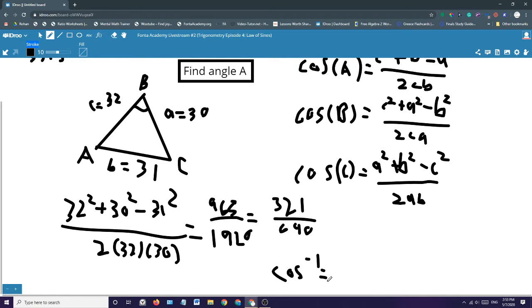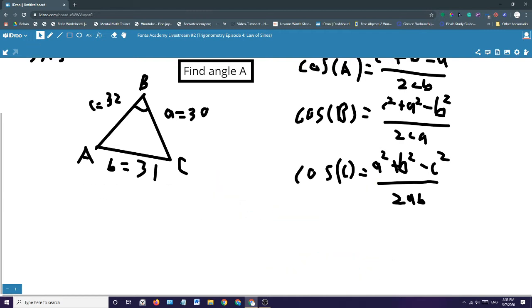That would give us a total of, let's round it to the nearest degree, 60 degrees. So B is 60 degrees.